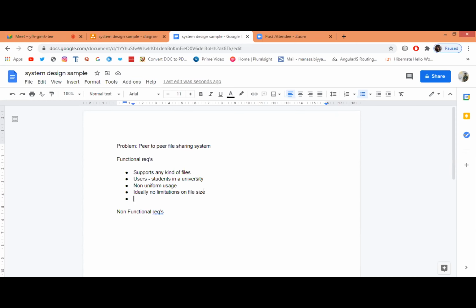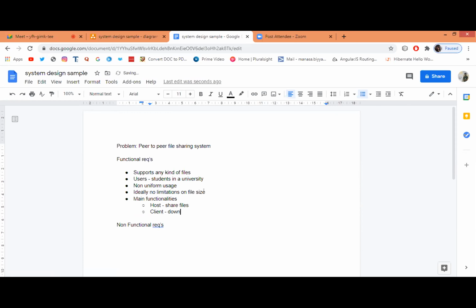Okay, so basically, let's say we need three main functionalities. One is that I can choose to be a host and share files. Second, I can choose to be a client and download the files.